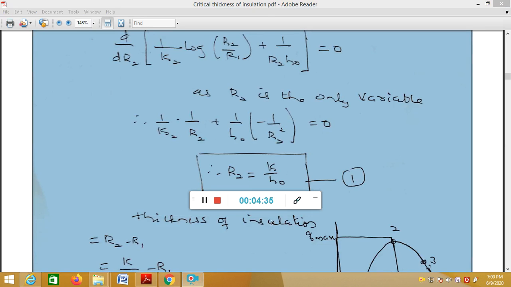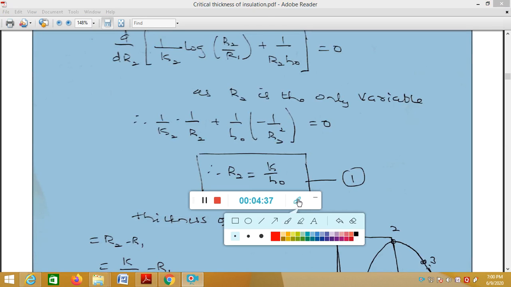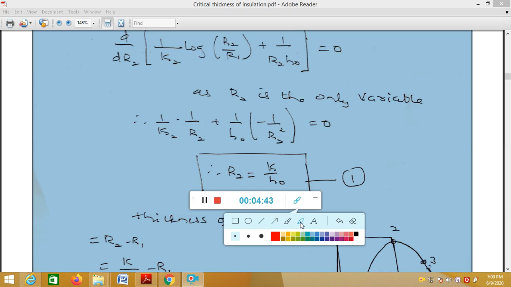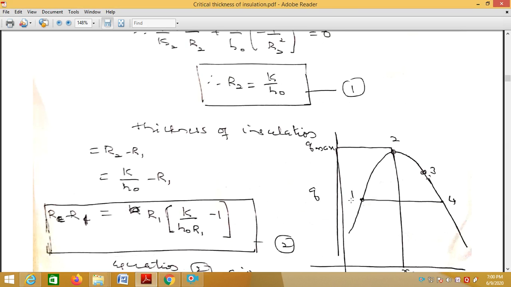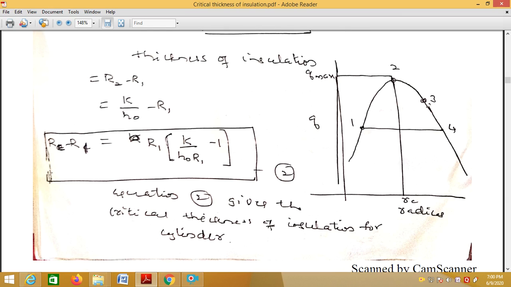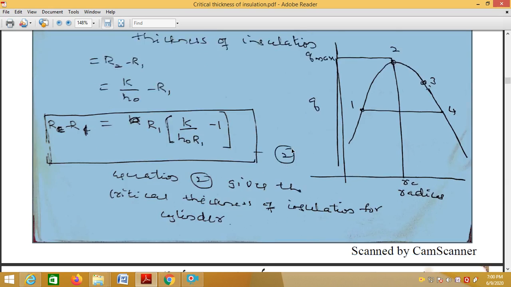We want the critical thickness of insulation, therefore critical thickness R2 minus R1 equal to K by H naught minus R1. So RC minus R1 equal to R1 times [K by H naught R1 minus 1].